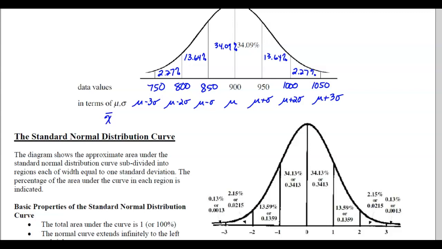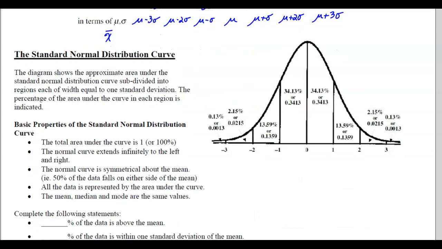2.15, we were 2.27. Okay, and then notice how there's an area given in those parts past the standard deviations. That's to account for that possible outlier that you might have in certain data.